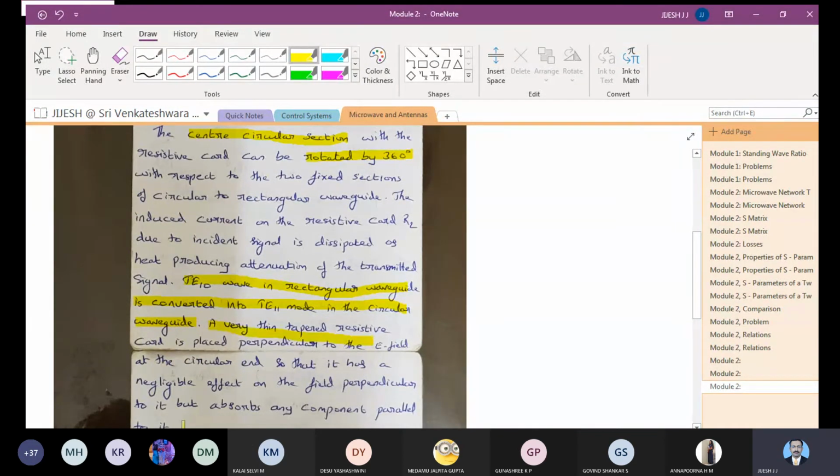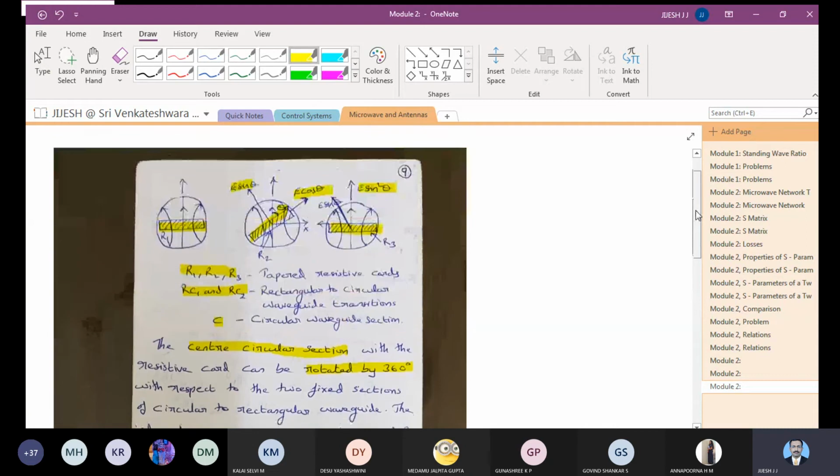So here what you can see is that I have told you the cos part is eliminated because it's kept parallel to that resistive film R2, and the rest of the signal gets further moved on, and you get it as sine square theta. So you finally get E sine square theta.